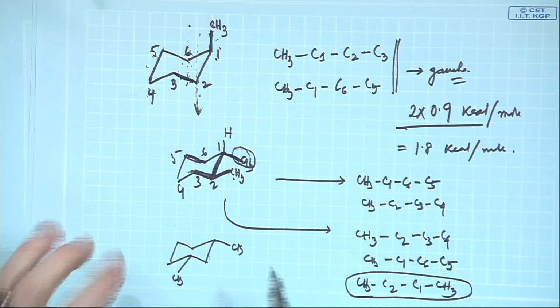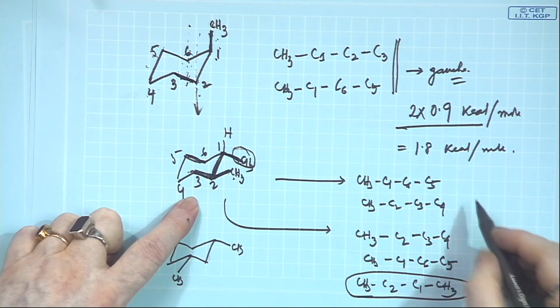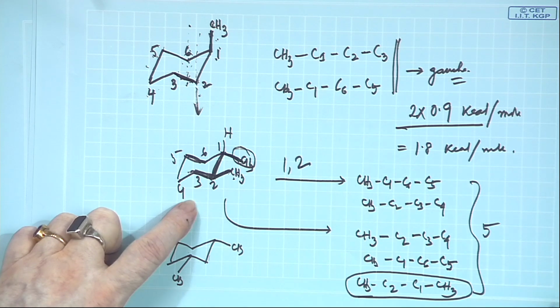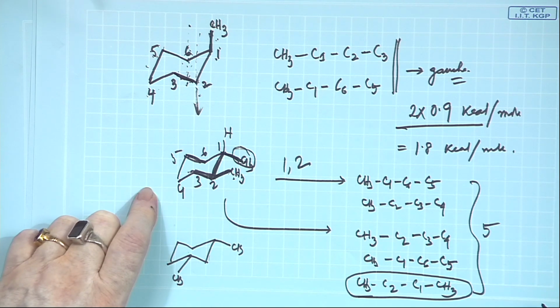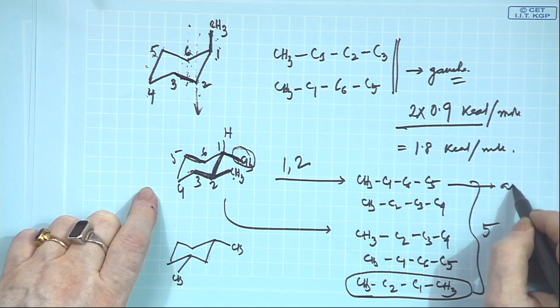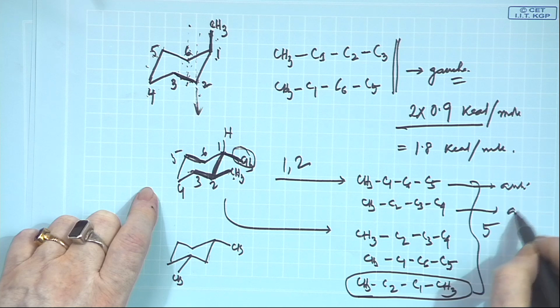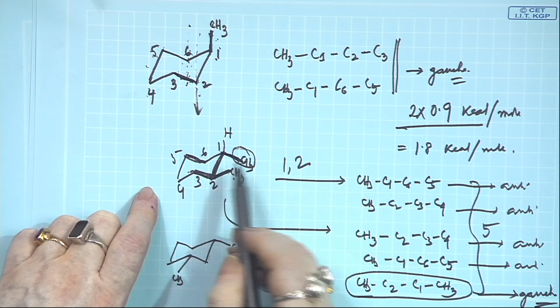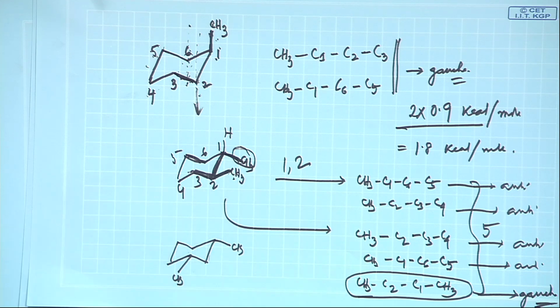So, what is the number of additional butane units here? 5, in the 1,2 system. How many are in the gauche conformation? This is anti, this is anti, this is also anti, however, this is in the gauche form, because the mutual one has a dihedral angle of 60 degrees.